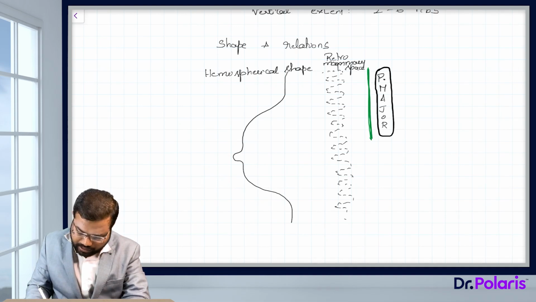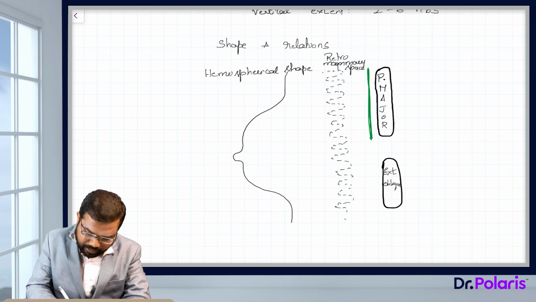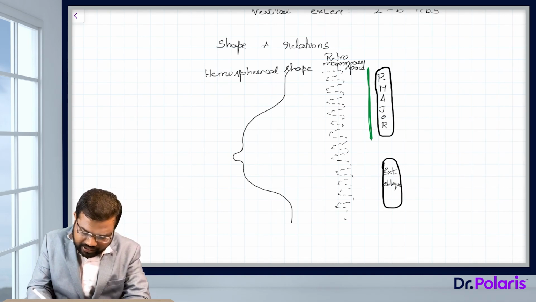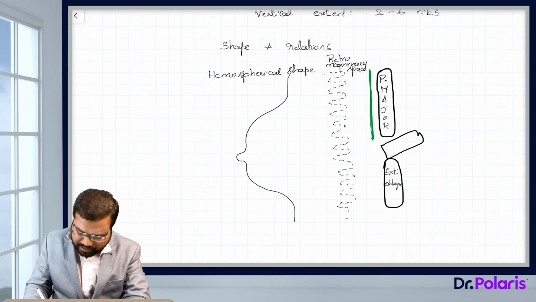And in the lower part, another muscle is related, called the external oblique, which is the abdominal muscle. And also in the side part, there is another muscle extending, called the serratus anterior.